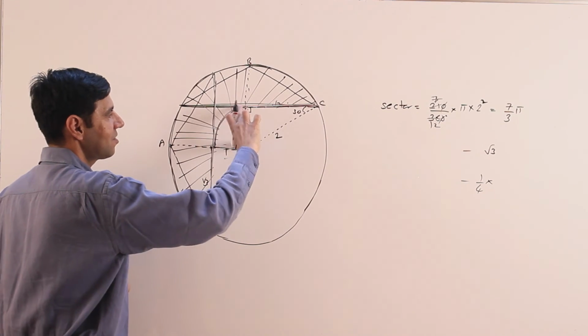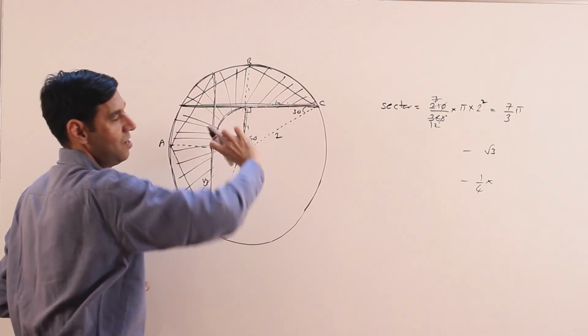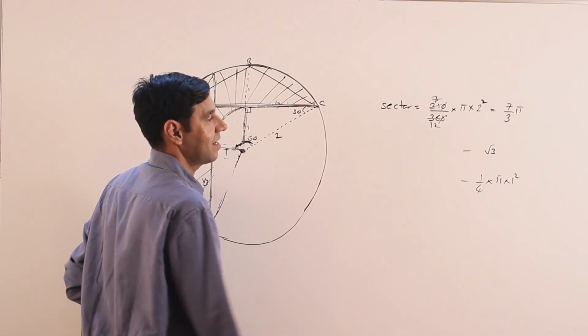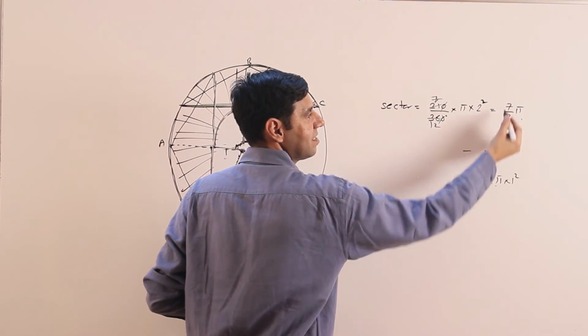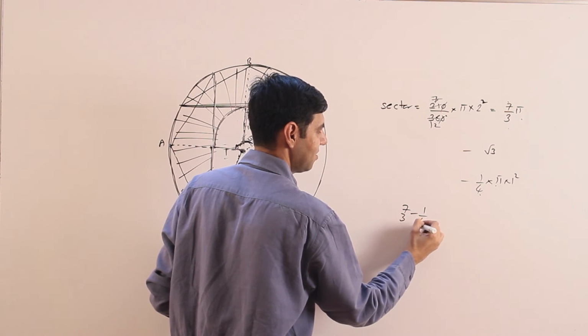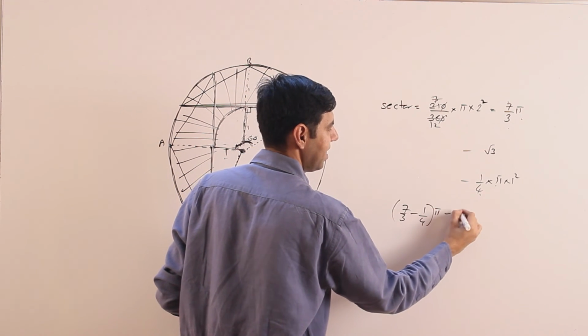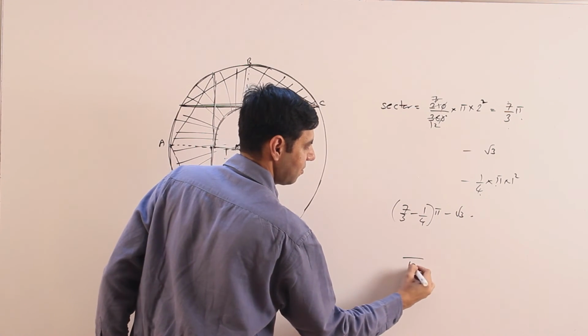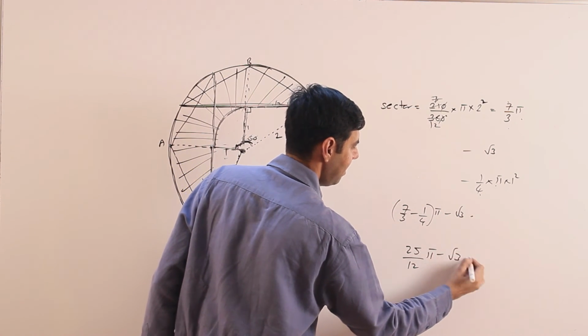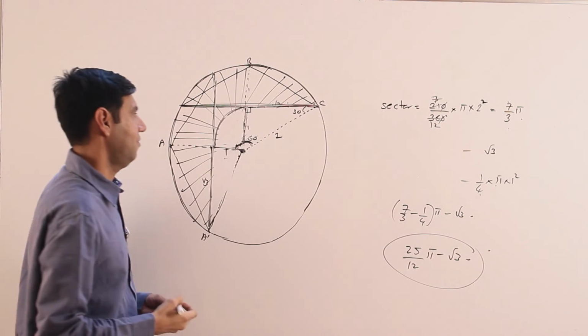And what is the radius of this? This is just 1. So pi r square, which is nothing but pi. So it is 7 by 3 minus 1 by 4 pi minus root 3. LCM is going to be 12, 28 minus 3, 25. This is the answer to this tough question, right?